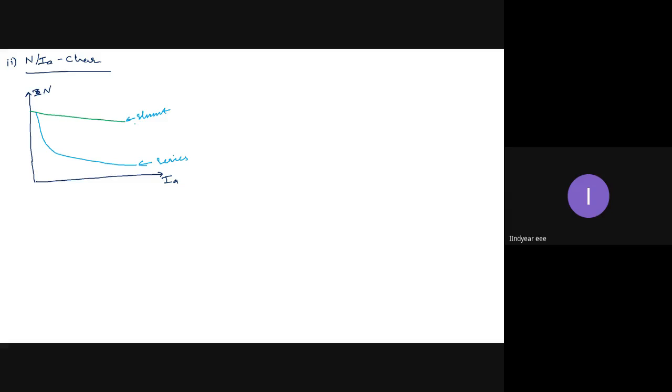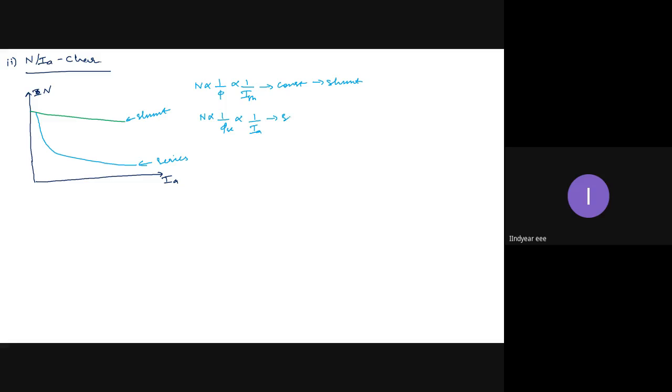Okay. So because N is inversely proportional to phi, which is inversely proportional to ISH, which is constant, okay, for shunt. Now here, N is inversely proportional to phi SC, that is inversely proportional to IA, okay.